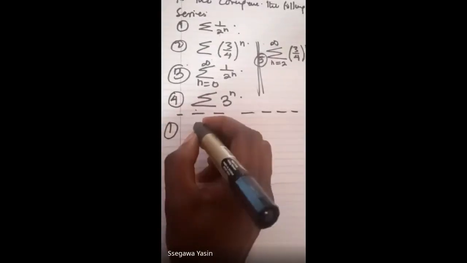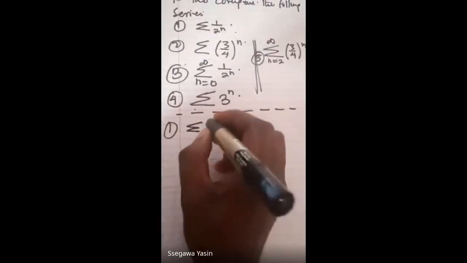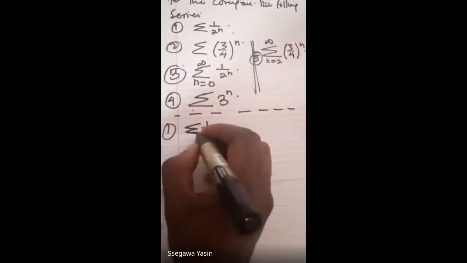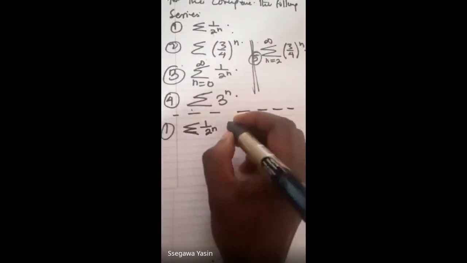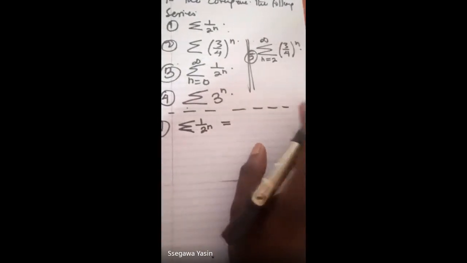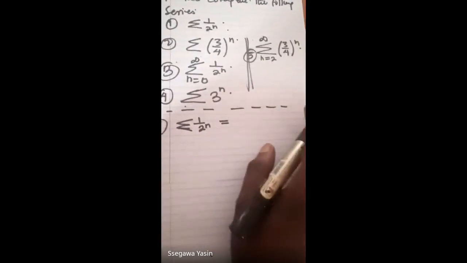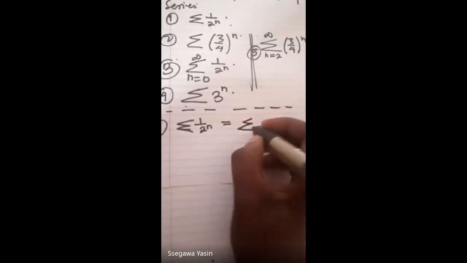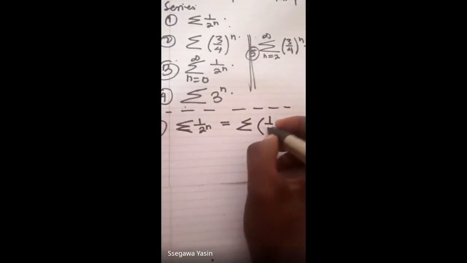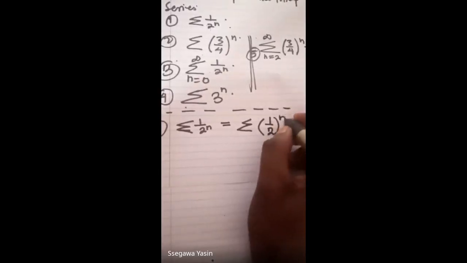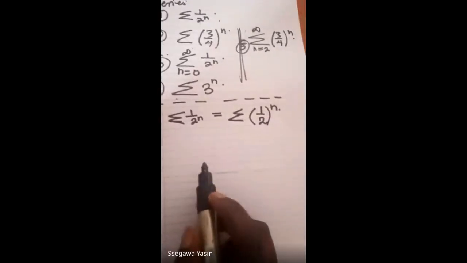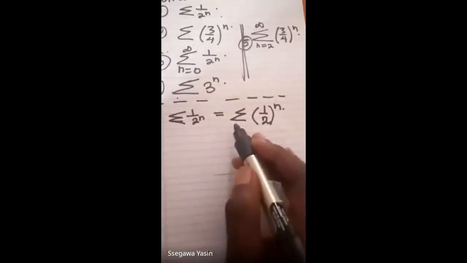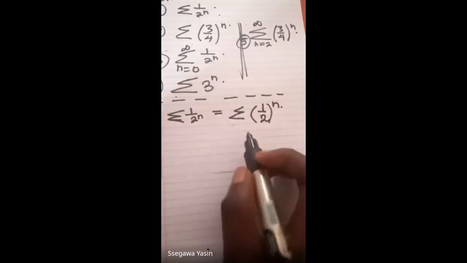It is telling us that we are summing up 1 over 2 to the power n. This is equivalent to what? We can write this expression as the same as summing up, and because a 1 will not be affected, it is to the power n. And remember, the moment they say we are summing up, we are moving from n equals 1.